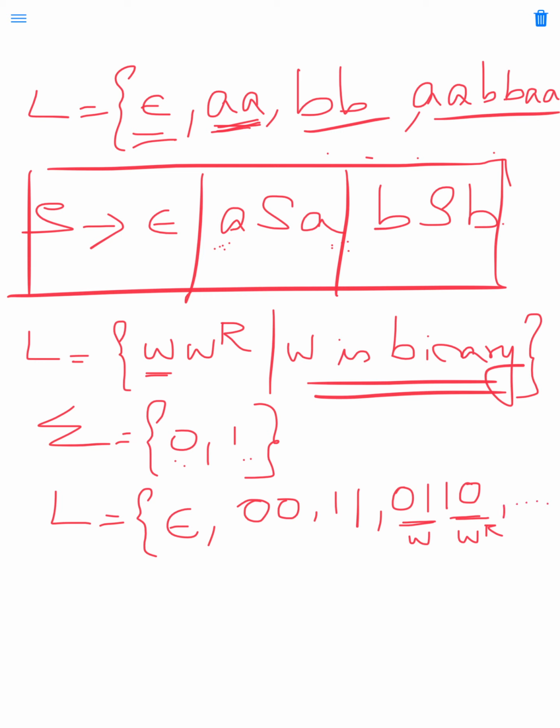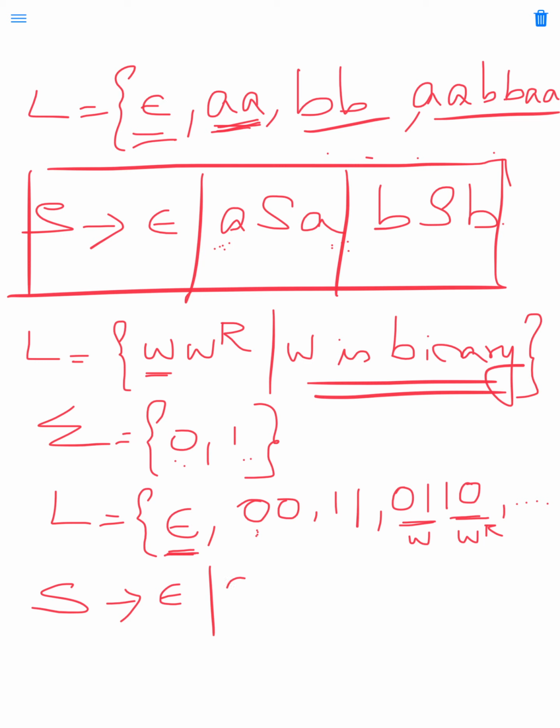So this is the same set of strings that we were getting in the previous example also. The only difference is that instead of input symbols 0, 1, there we have used A, B. So how can you write the grammar for this language? S gives epsilon, and then if I read an input symbol 0 from the left, it should be read at the right also.